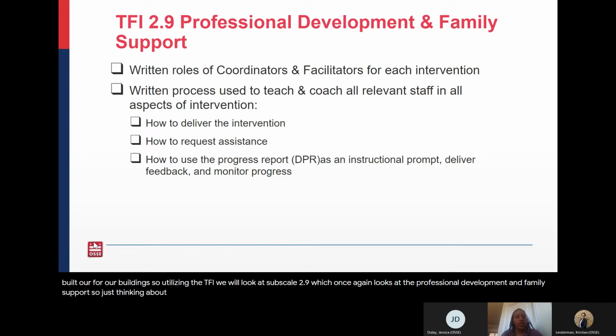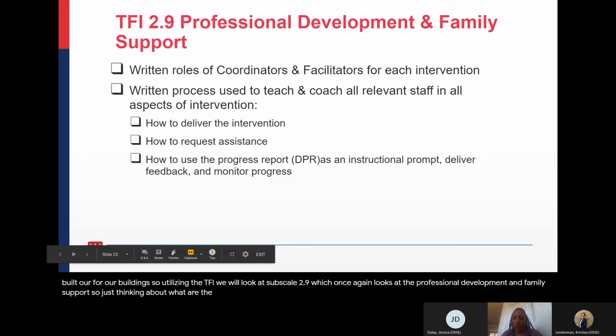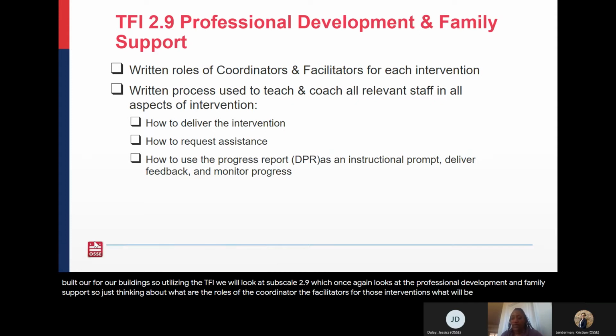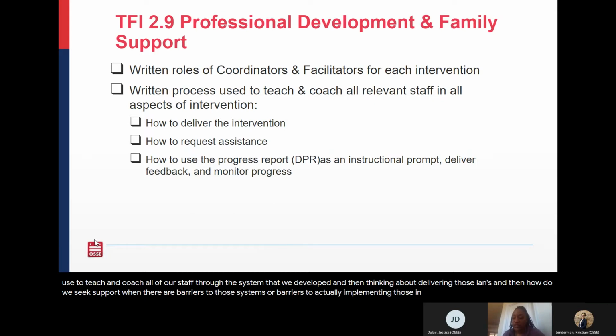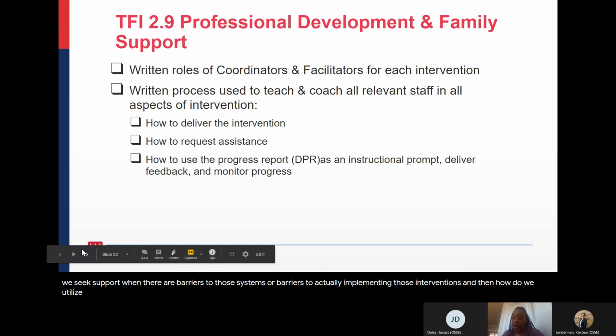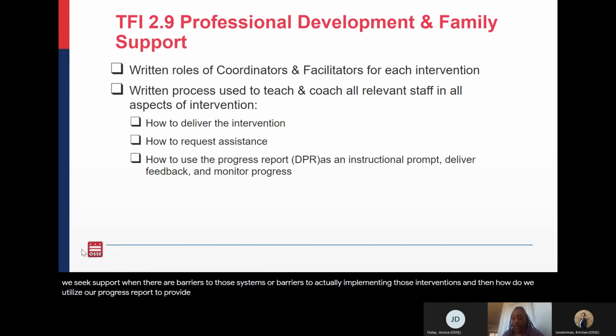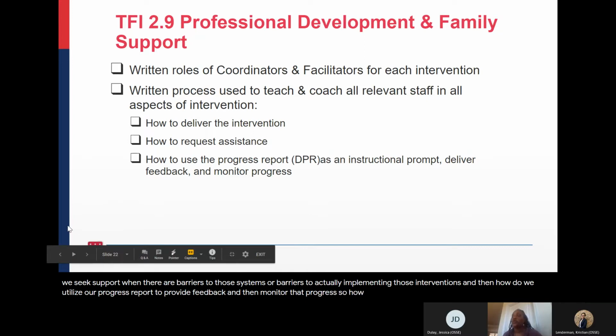So just thinking about what are the roles of the coordinator, the facilitators for those interventions, what will be the process that we use to teach and coach all of our staff through the system that we've developed, and then thinking about delivering those interventions, and then how will we seek support when there are barriers to those systems or barriers to actually implementing those interventions. And then how do we utilize our progress report to provide feedback and then monitor that progress? So how do we begin to build out systems to support each of these areas?